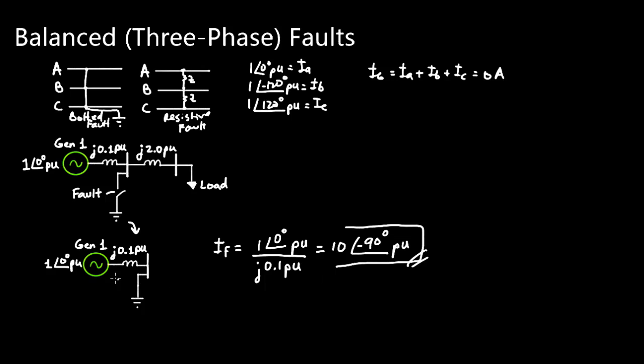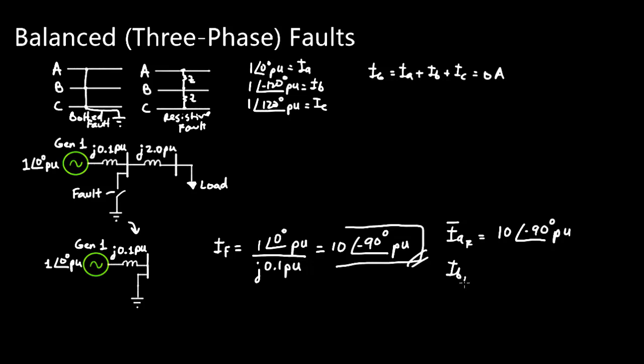So again, this is a pretty straightforward example, but I just want to mention that because three-phase faults are balanced, we can analyze it using normal circuit analysis like we've done before. Now, of course, in this case, I'm referring to A phase on the voltage. So really, a more accurate thing to say would be to say that the A phase fault current is this current, 10 at minus 90 per unit.